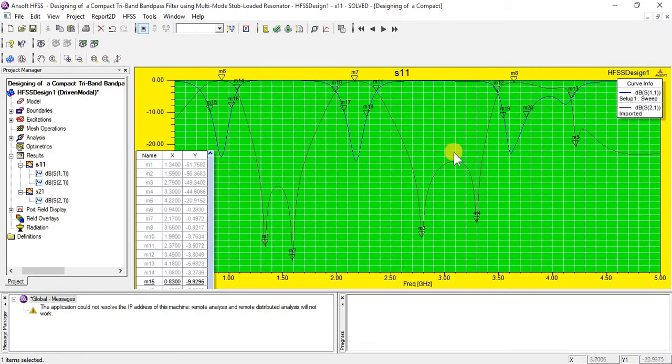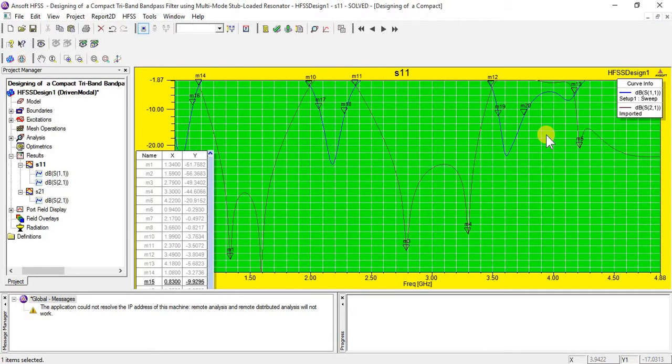You can see that the transmission zero is always created at the start and end of the band to improve the selectivity and give the best matching result. Also, these transmission zeros are necessary to isolate the two passbands from each other. The first passband and second passband can be isolated in this way.